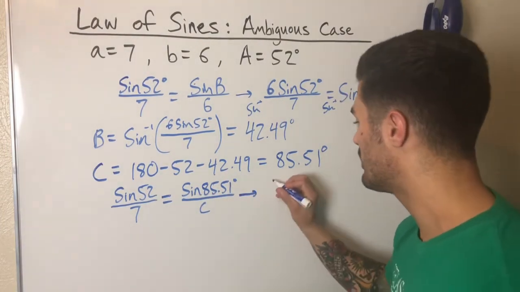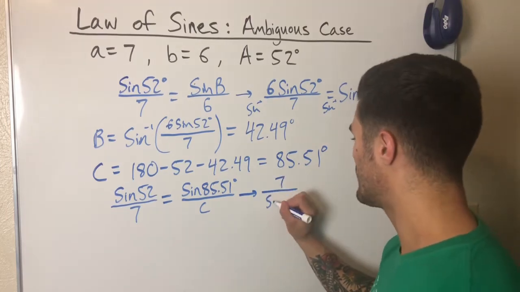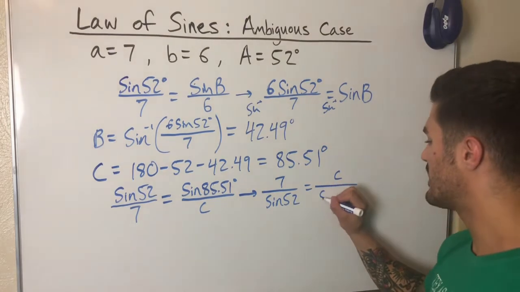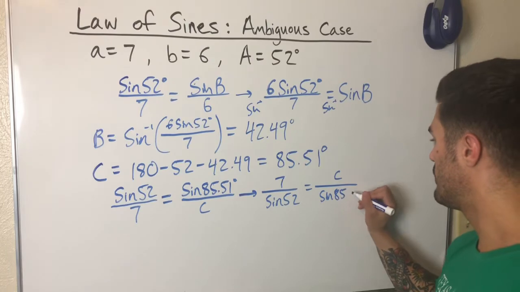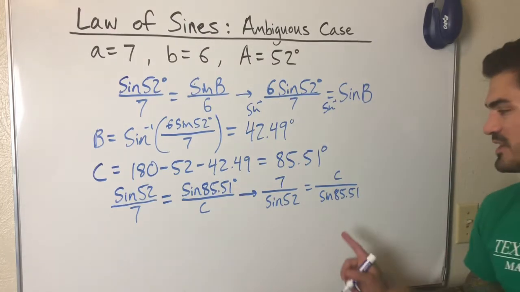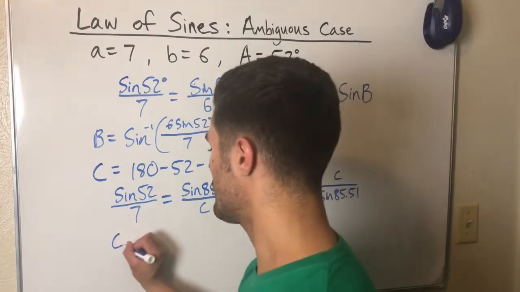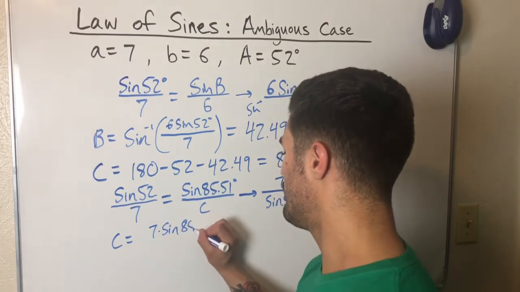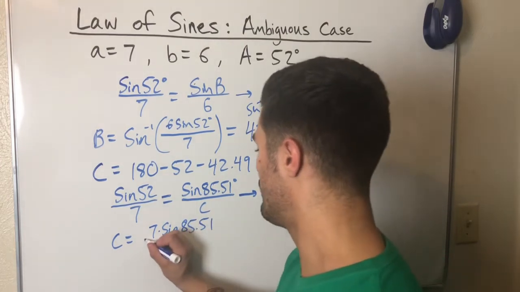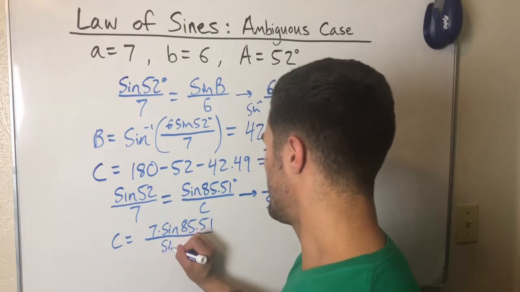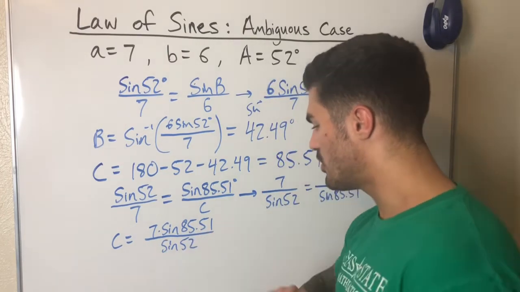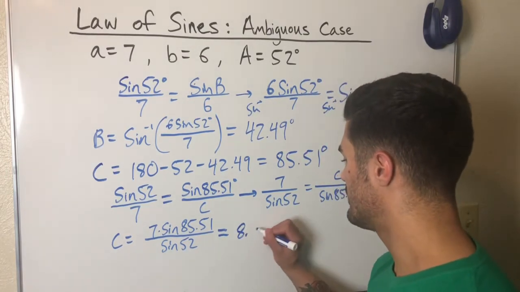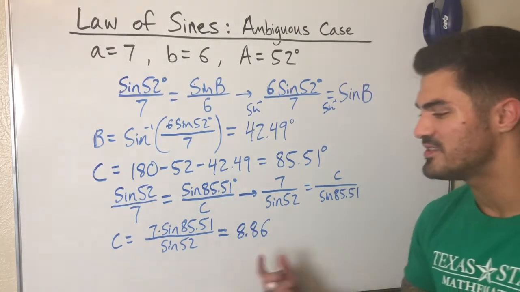I have 7 over sine 52 degrees equals C over sine 85.51. Now I multiply both sides by sine of 85.51. C equals 7 times sine of 85.51 over sine of 52 degrees. When I punch all this in a calculator, what do I get? I get 8.86. So my side C is 8.86.